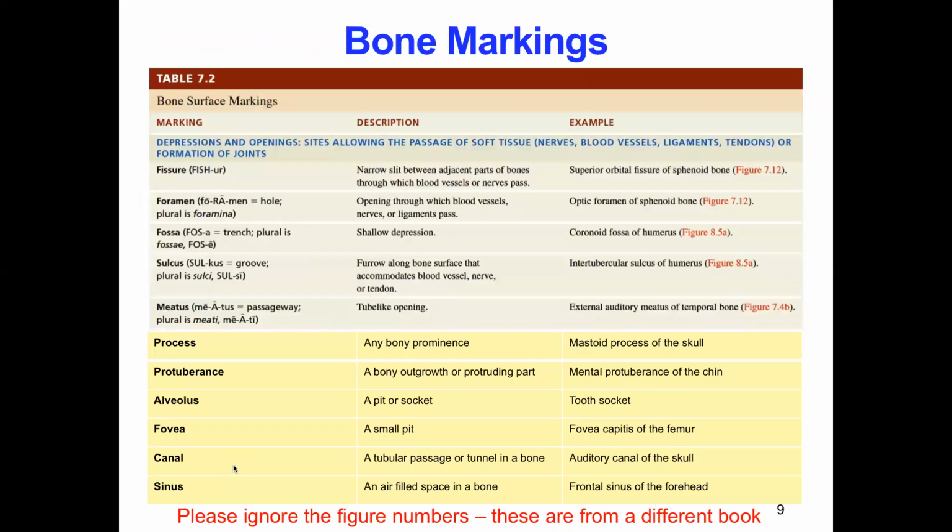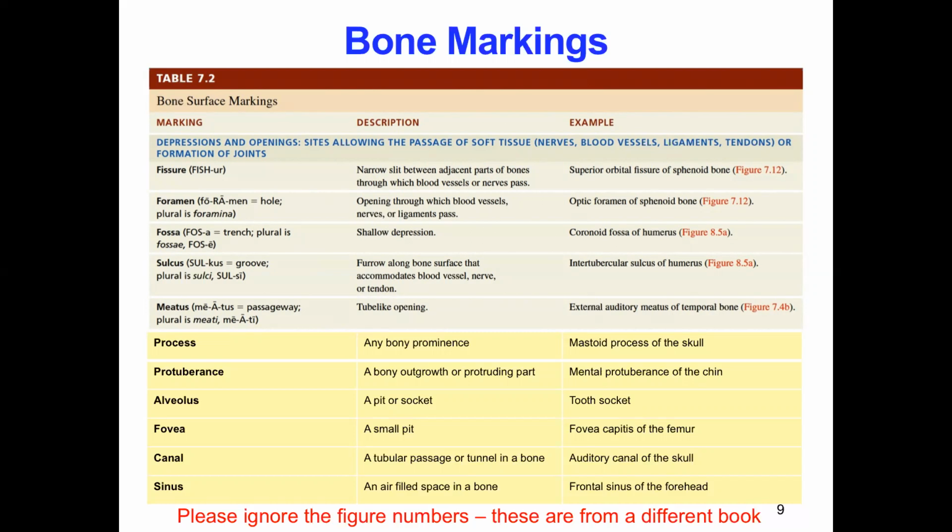Now the bone markings, all right, so this table 7.2 is not from the Saladin text, it's from another textbook that I used to use. And I had to add a few because you've got a certain number in your learning outcomes. It says to refer to table 8.2, which is in the Saladin text. Now, I have not required everyone to have the Saladin text.